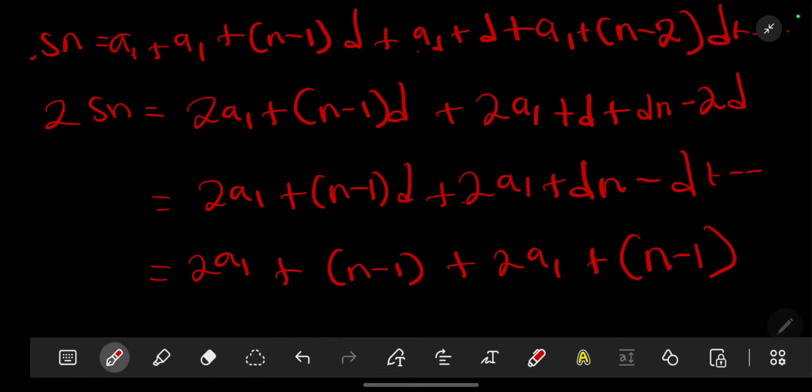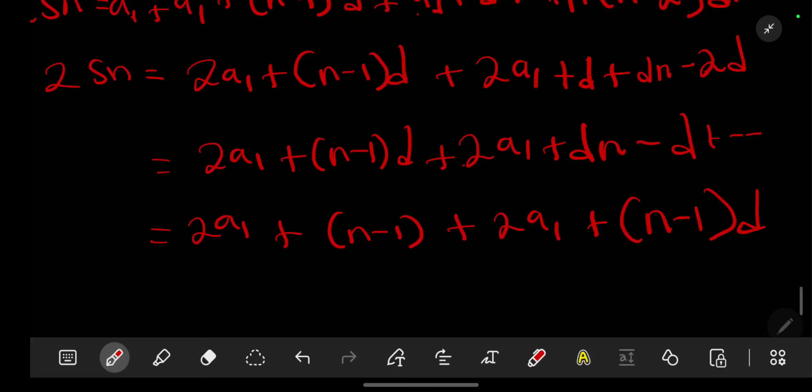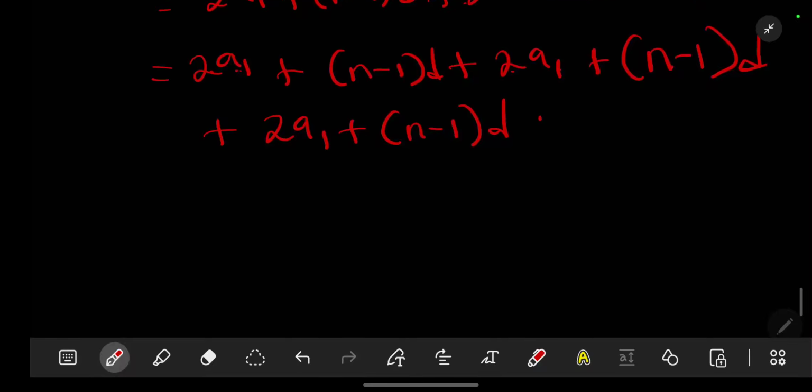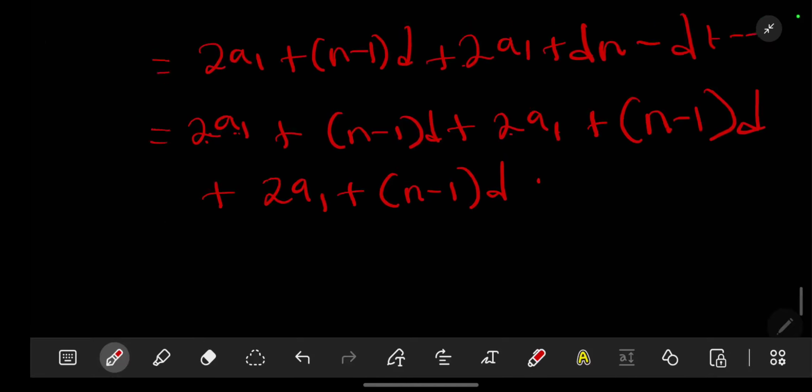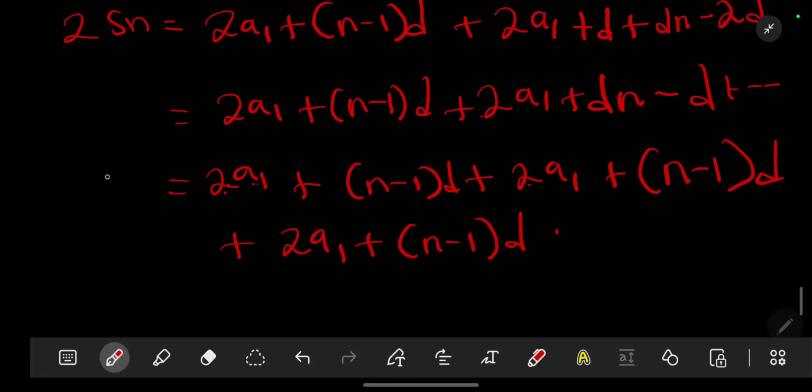As you can see, you cannot add 2a plus 2a because there are other terms, so this term will continue repeating, plus n minus 1 d. This term is continuing to repeat, so you cannot say 2 plus 2 plus 2, it will be 6. There are more terms.